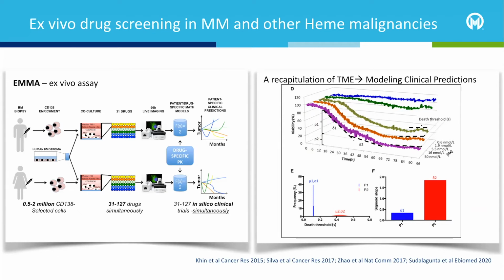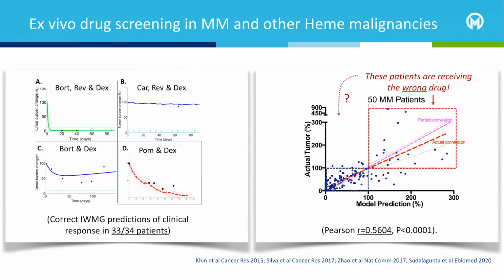These mathematical models are patient and drug specific and can be combined with pharmacokinetic data from clinical trials to create patient-specific predictions of therapy response. So you can create patient-specific clinical trials, right? In silico clinical trials. We have published these in multiple myeloma, but also in mantle cell lymphoma. So it's a generalizable tool.